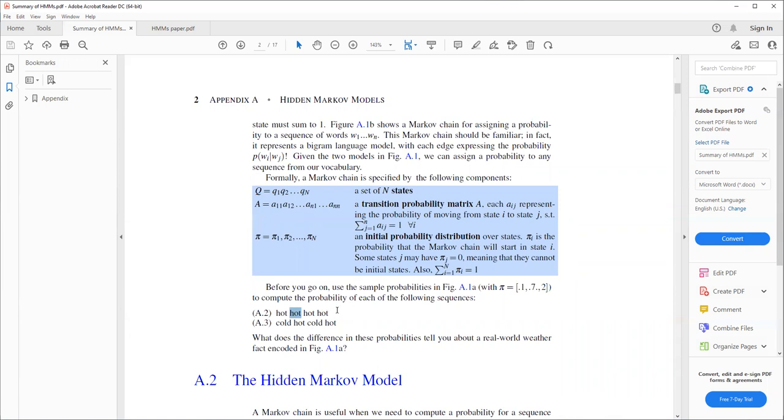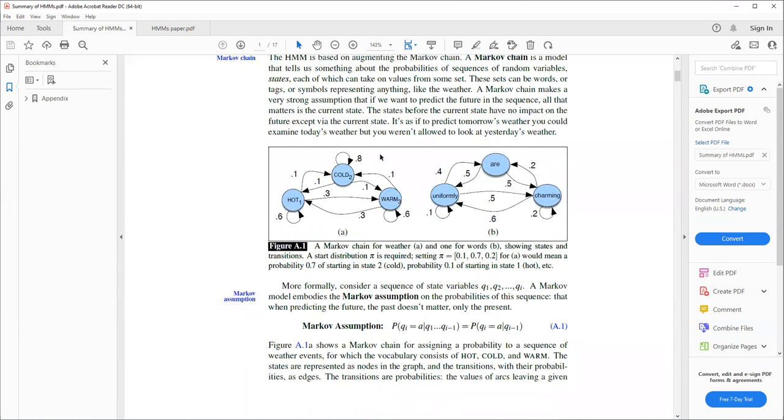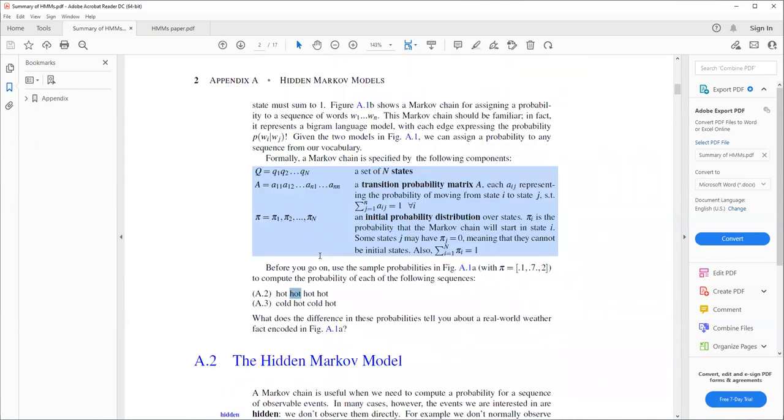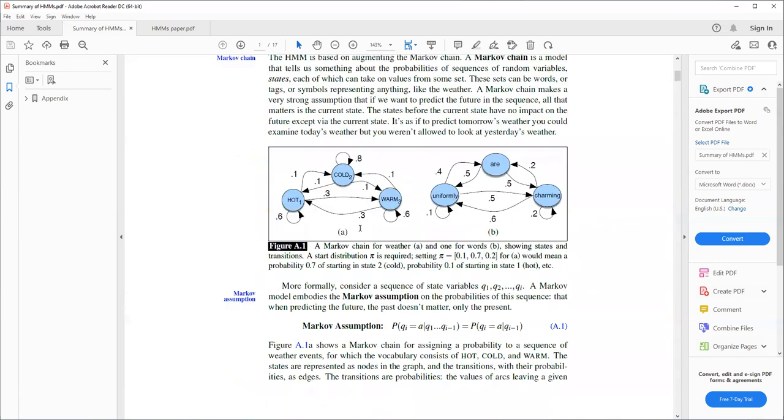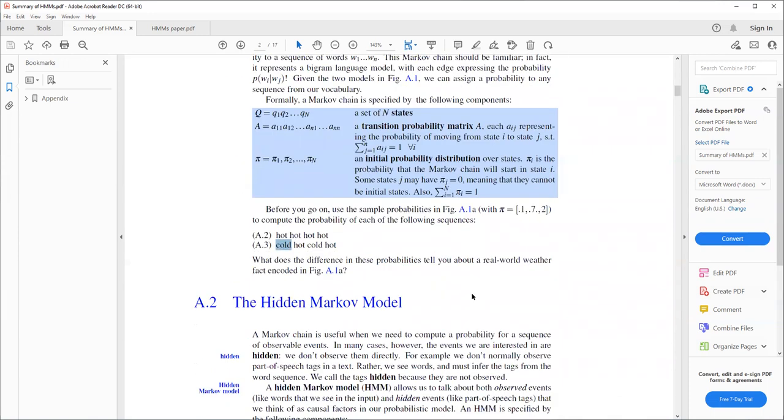And that is basically the probability of observing 4 consecutive hot days with this Markov chain, right? Secondly, if you look at it, cold, hot, cold, hot. So alternating weather patterns, and again, you can compute it by starting on a cold day, which is 0.7.